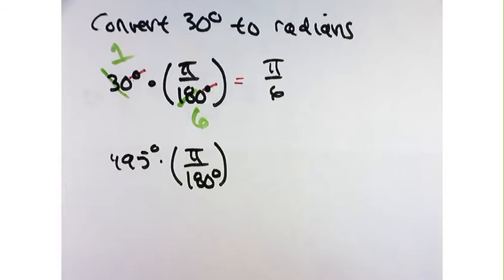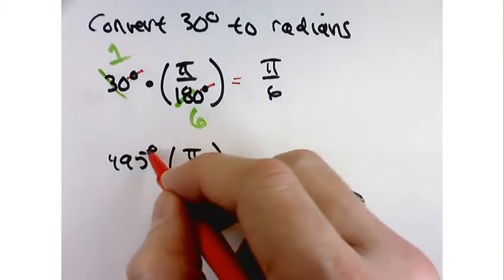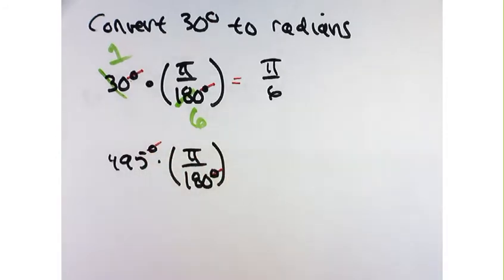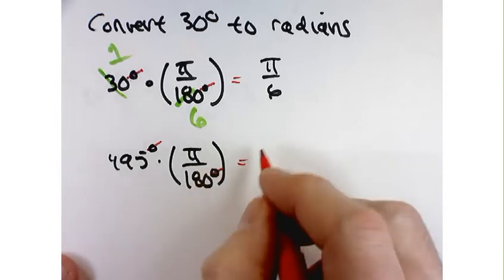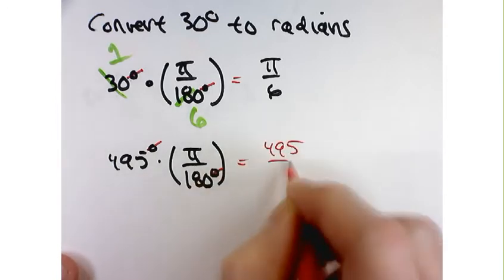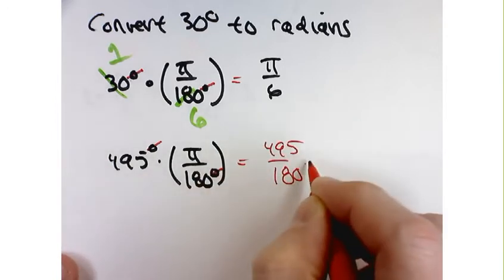And just like what I had a minute ago, units of degrees is going to cancel out. It's going to leave me with 495 over 180 pi.